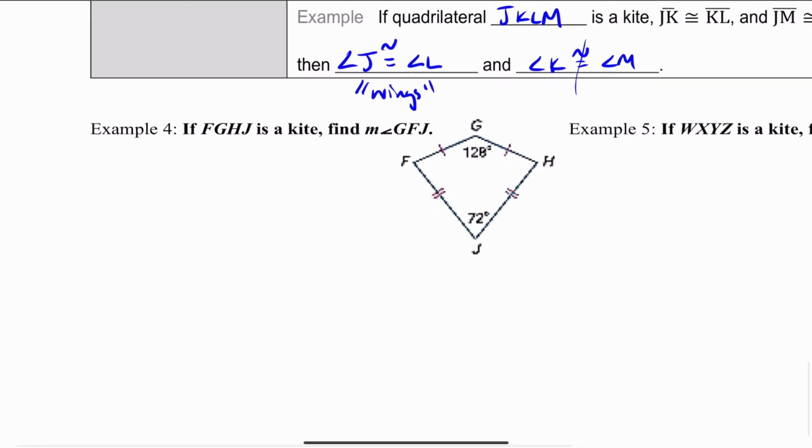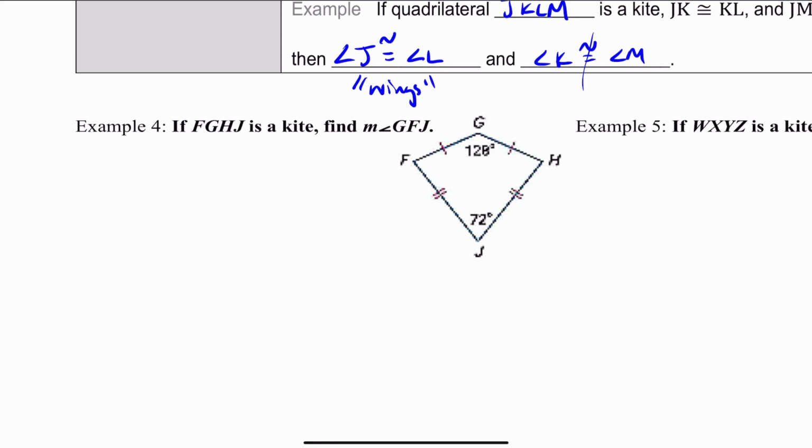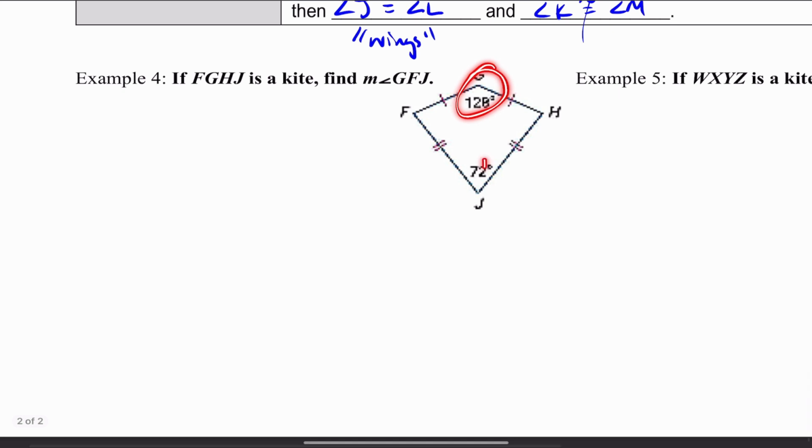So here's an example. If FGHJ is a kite, then find the measure of angle GFJ. So, what do we know? Well, I can see that this is a kite, and these angles are not congruent because that's the head and the tail.